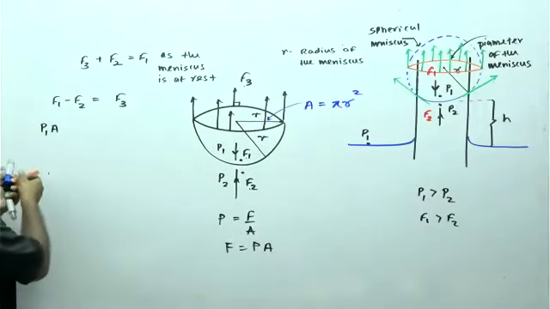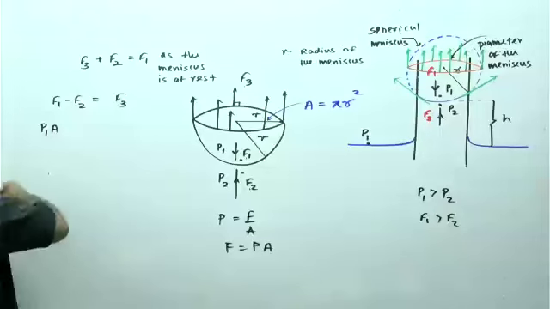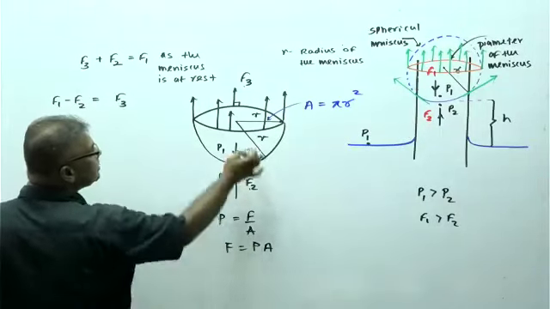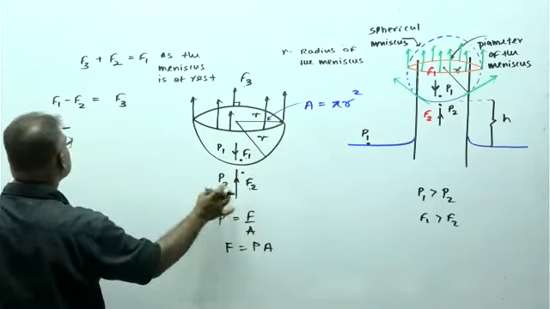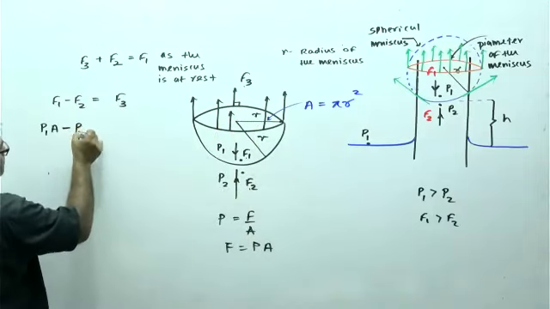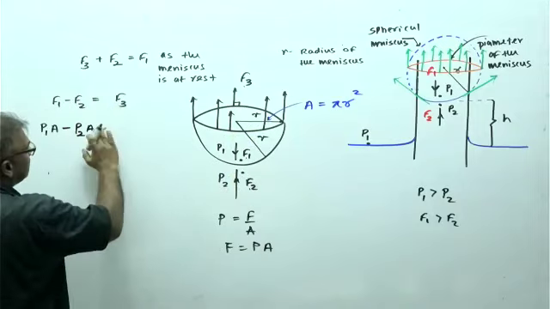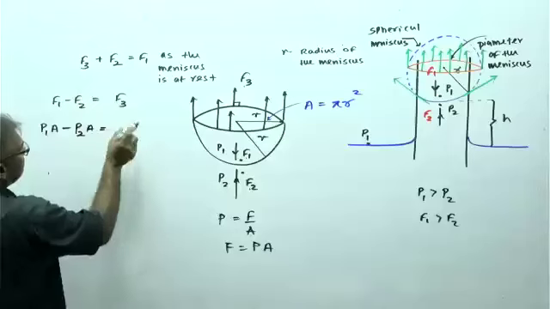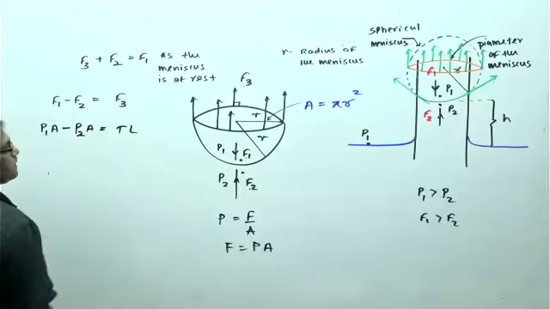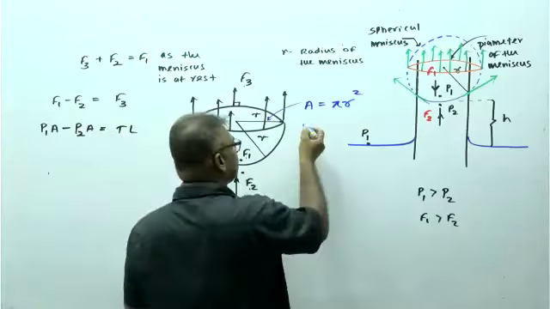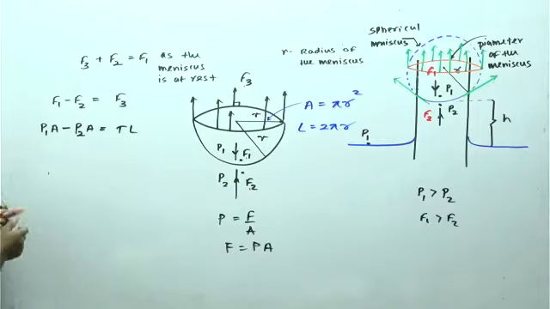Next, F2 is given by pressure P2 times A. F3 equals TL, where L is the circumference, 2 pi r. Yes, L is 2 pi r.